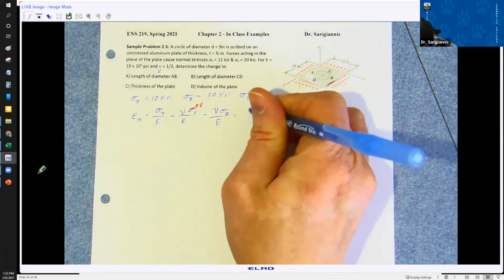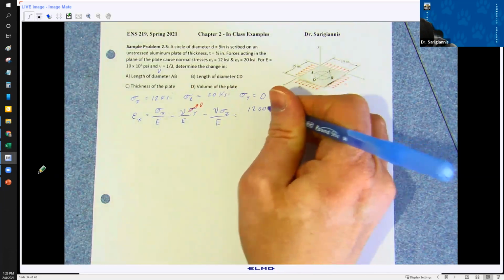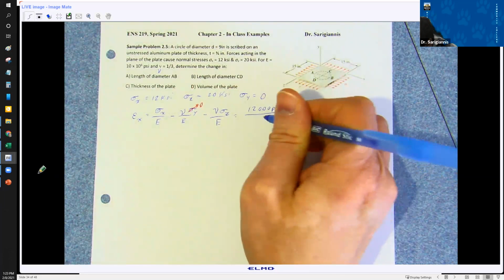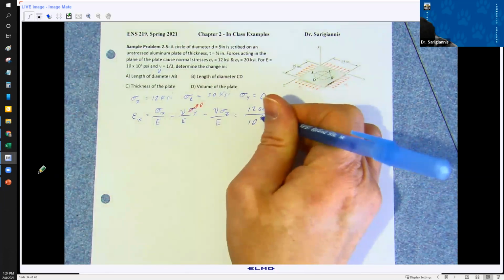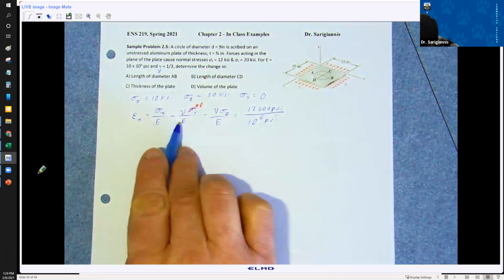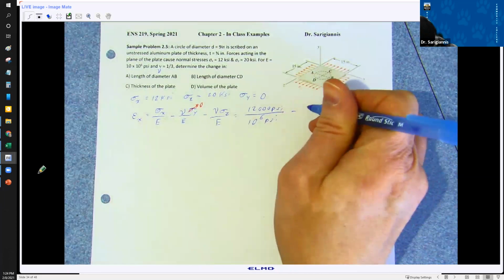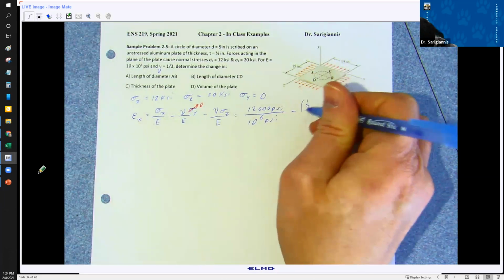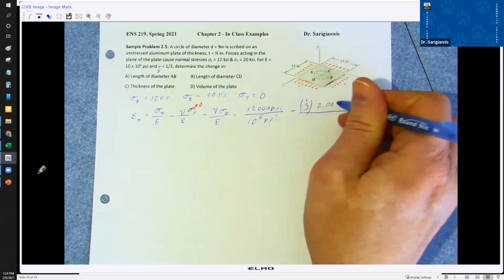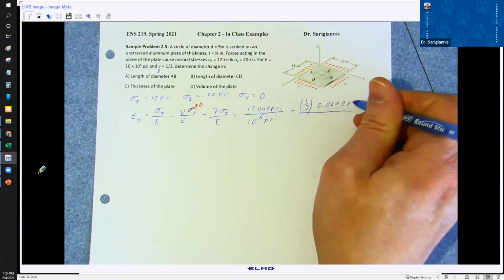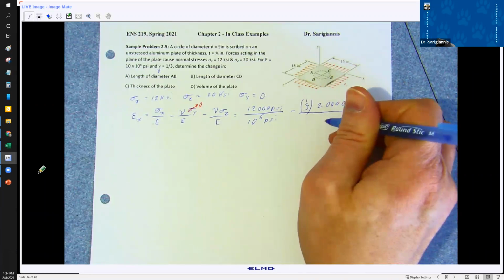So basically I have 12,000 PSI over 10 to the 6th PSI, minus 0, and then minus Poissons ratio, which is 1/3, times 20,000 PSI over 10 to the 6th PSI.